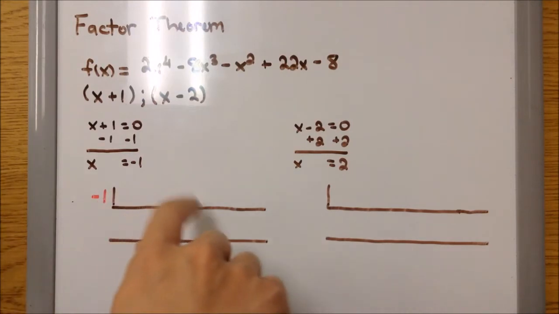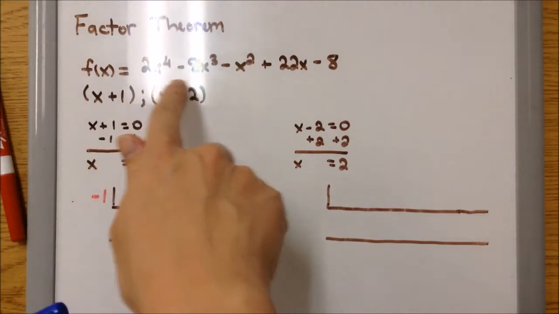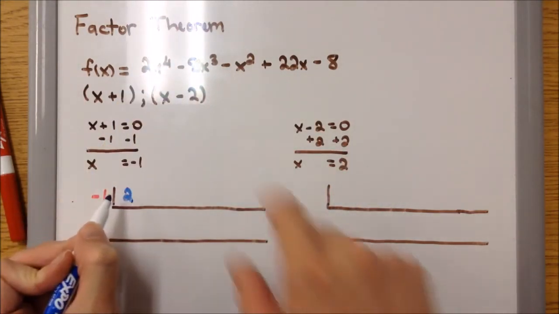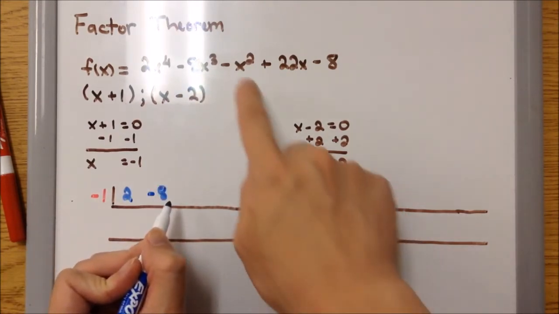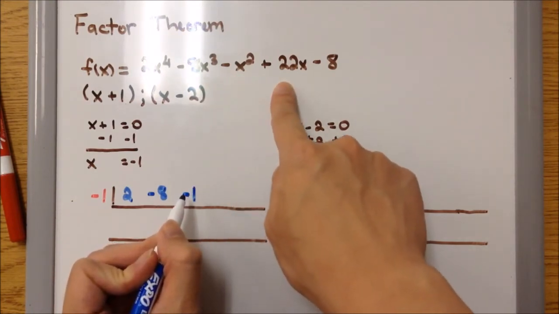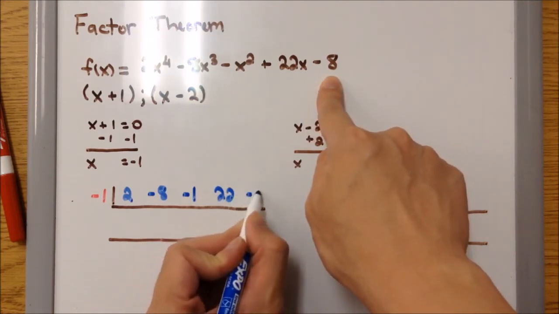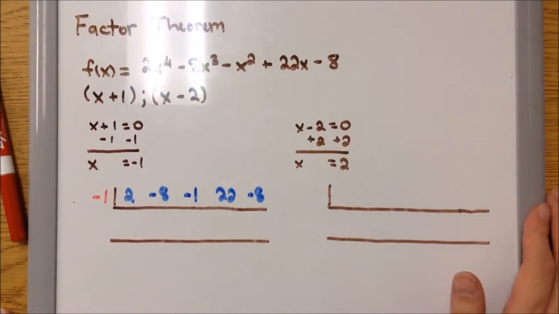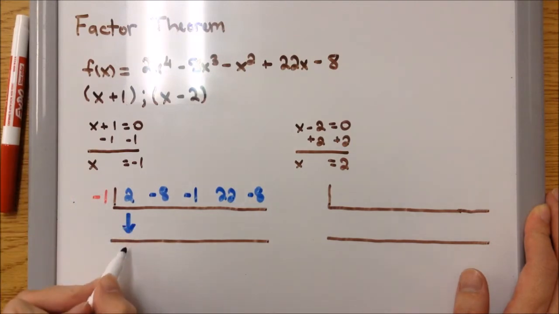Next, I'm going to fill in the table with the coefficients from here. So 2, negative 8, so that's minus x squared, so that's going to be a negative 1, positive 22, and then a negative 8. So for our synthetic division, we always bring down the first number. So first number, so 2.